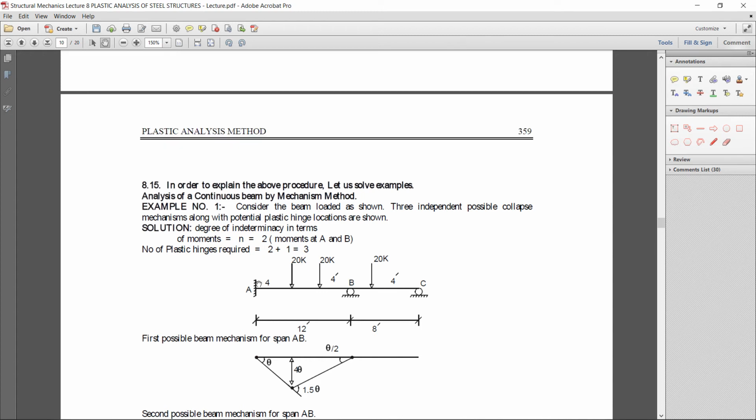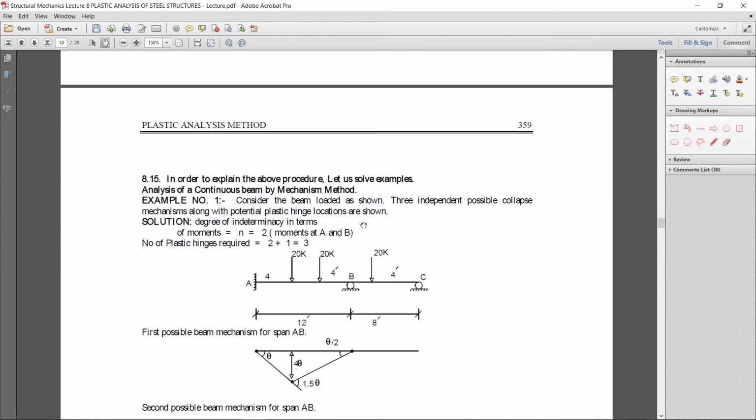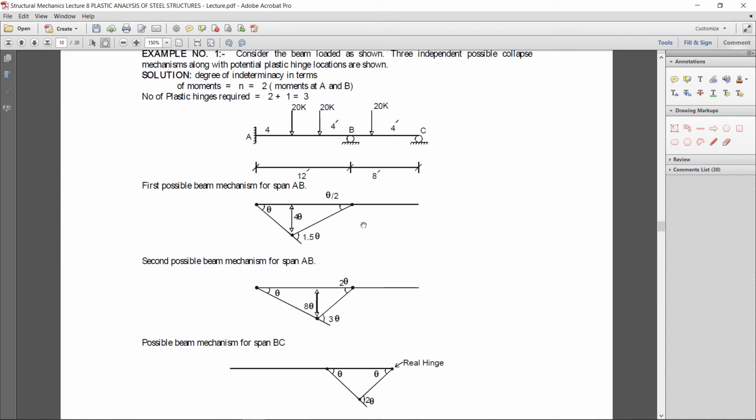It is a continuous beam, fixed at this end, with roller supports, and with loads 20k, 20k, 20k at 4 feet, 4 feet, 4 feet, and spans of 12 feet and 8 feet. The independent possible mechanisms along with the potential hinge locations are shown. The plastic hinge locations are shown, but we can find them on our own.